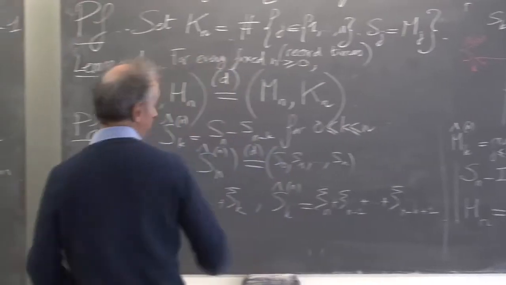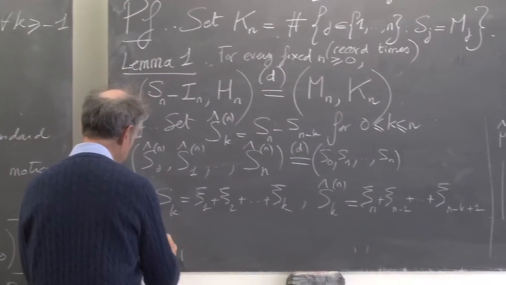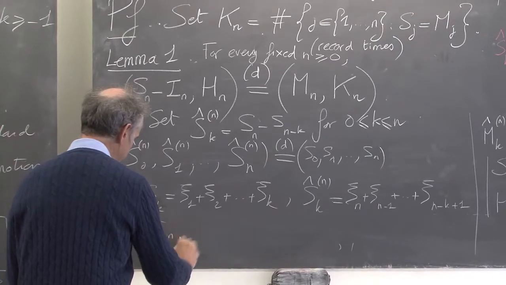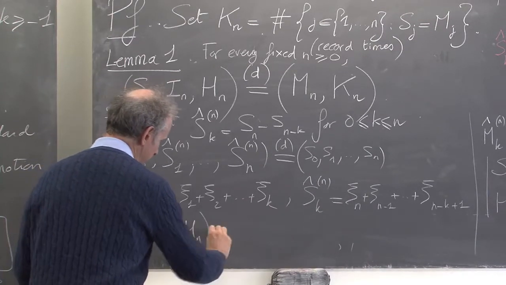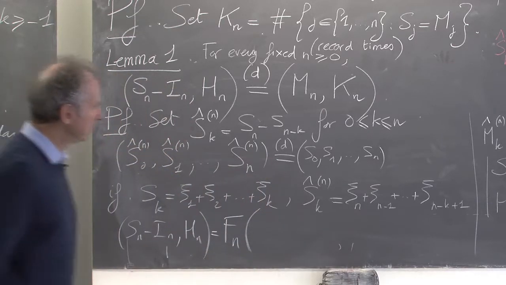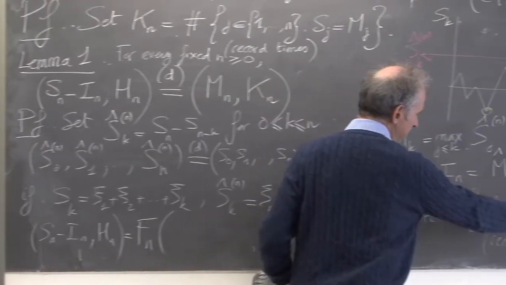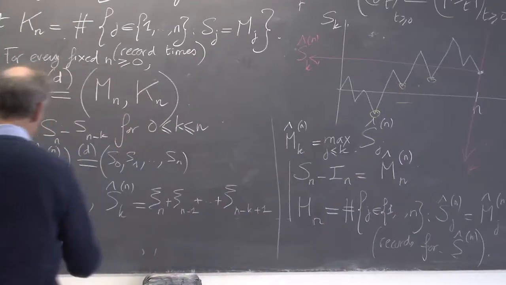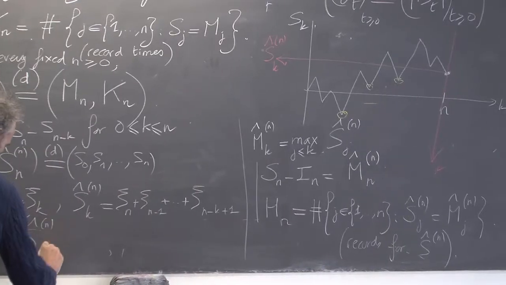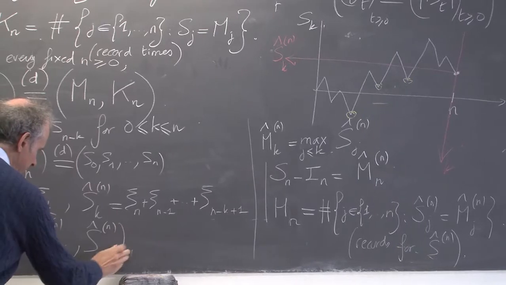Okay, so why is this useful? Well, what you see is that the pair Sn minus In and Hn is equal to a certain function, which I call Fn, of, it's completely determined by this S hat n. It's a certain function of this path S hat n.